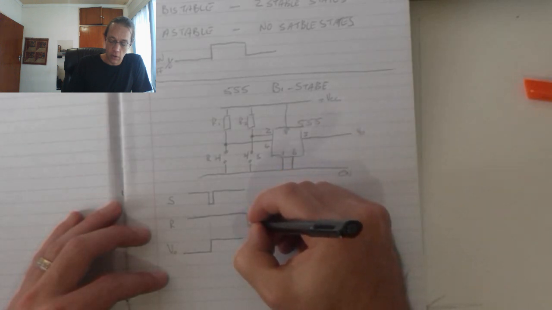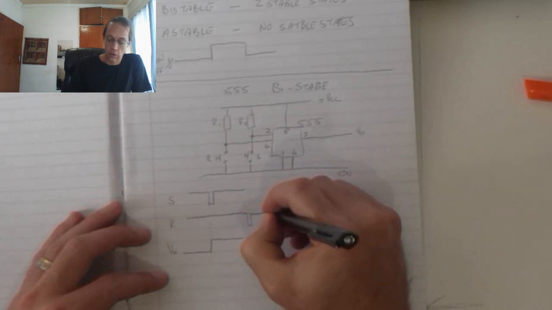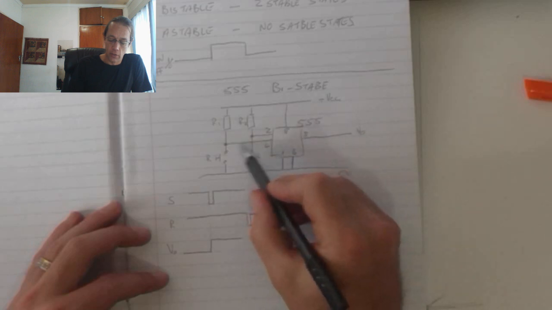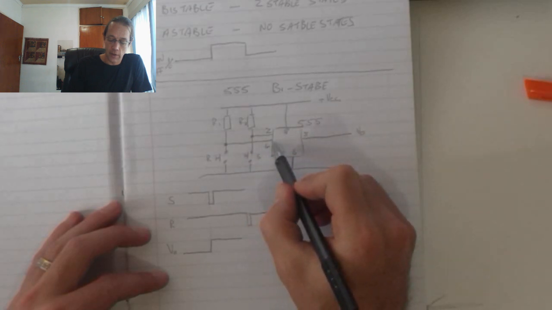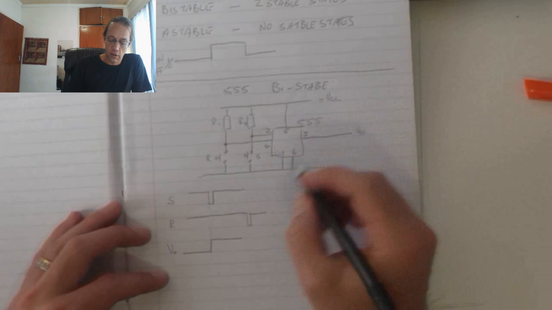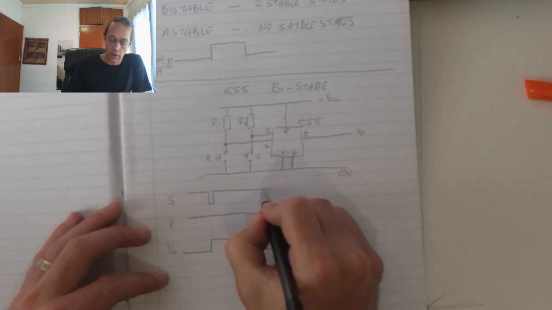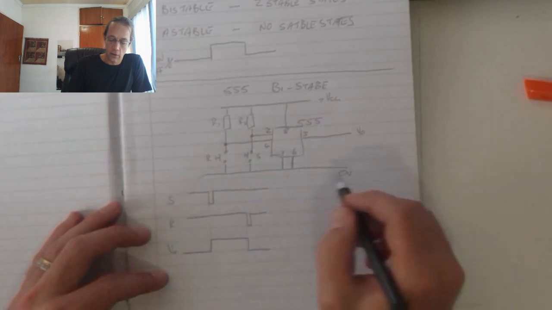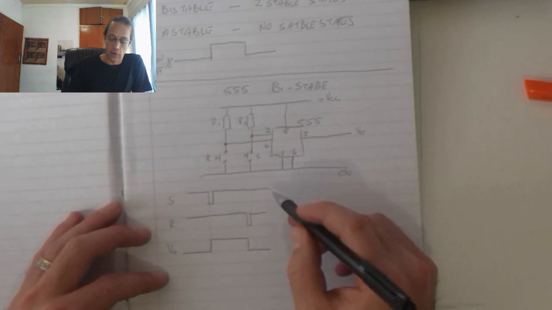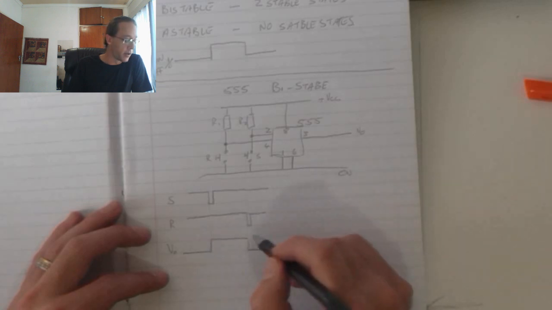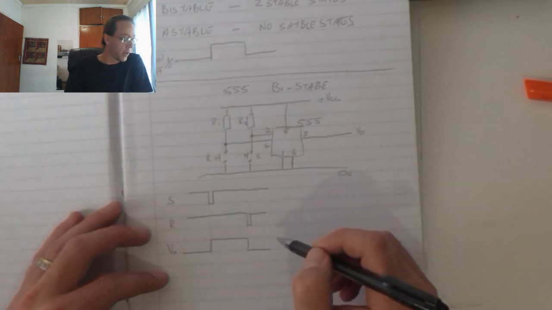When I press the reset button for a brief period in time, I've got 0 volts connected onto pin 4, and as a result my output will switch to 0 and it will remain there again until I trigger it with my set button. It stays in this state and it is controlled manually in both cases.